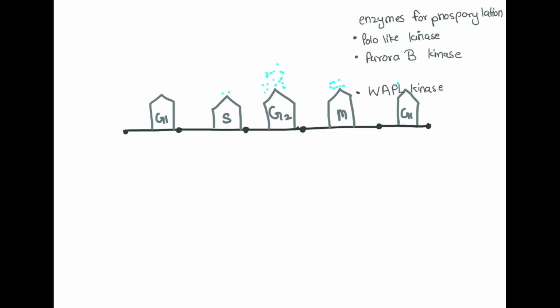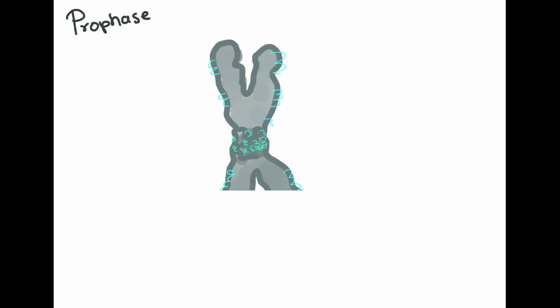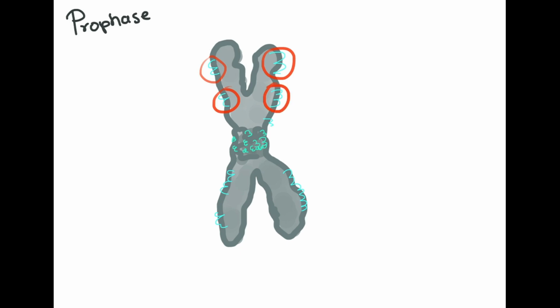If you look at a typical prophase chromosome in the M phase, you can see that it's an X-like structure, and all of these blue structures right here are the clip-like cohesins that hold the entire chromosome onto the cytoskeleton.